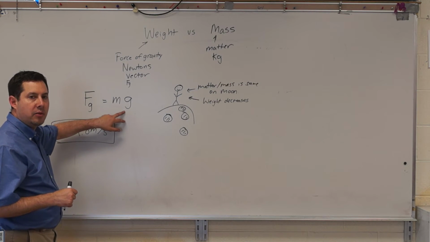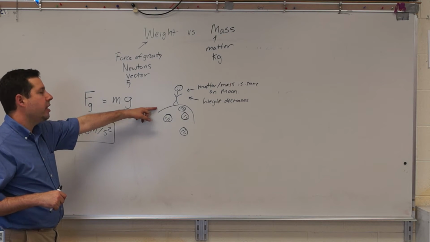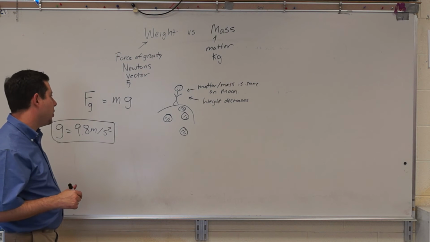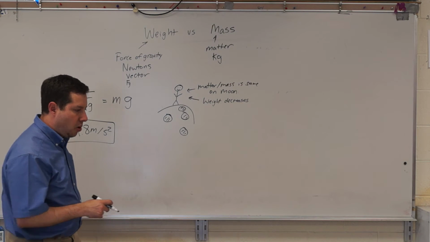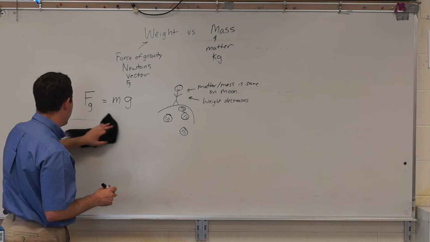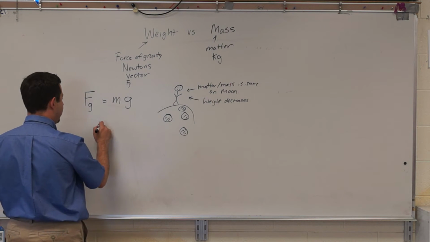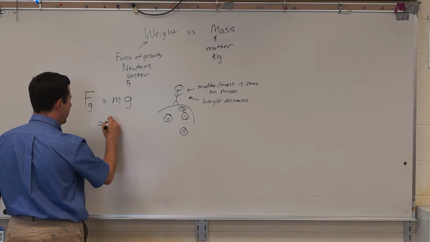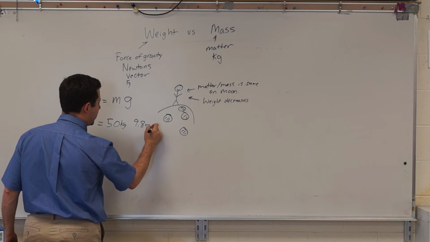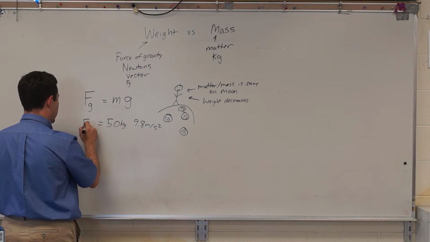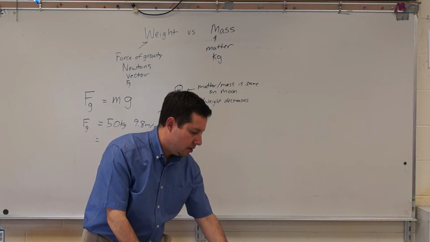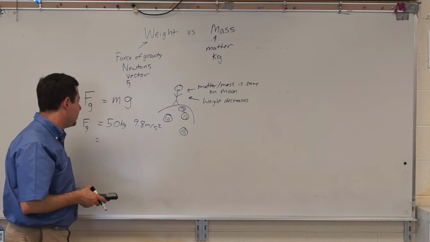G is not an acceleration. You can be standing here on Earth, you're not going to be accelerating, but your weight is still going to be your mass times 9.8 meters per second squared. So, for example, if you are around 50 kilograms, which is kind of what your average student might be, 50 kilograms times 9.8 meters per second squared, here on Earth, you're going to weigh slightly less than 500.